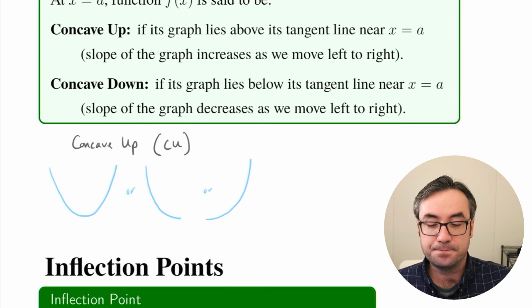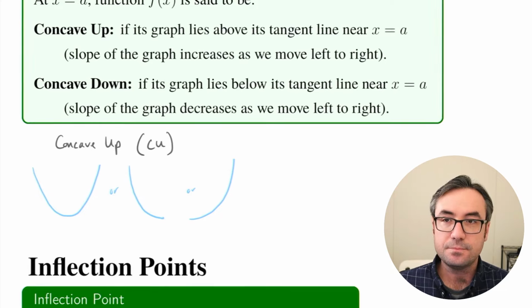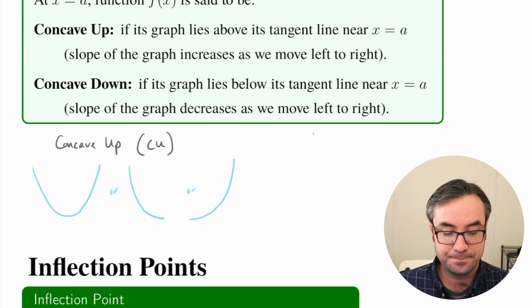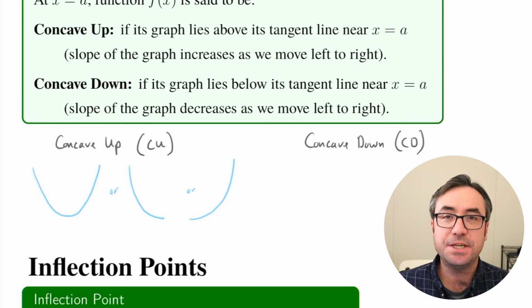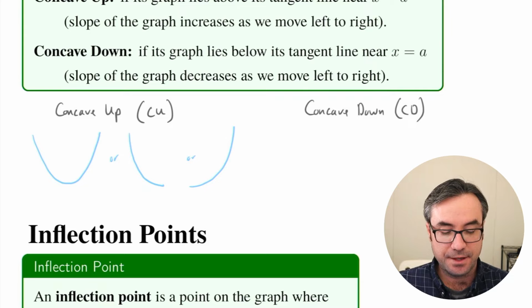Concave down is going to be kind of the opposite. And I'll abbreviate these, CD or CCD. And the way these curves look is, you can think of it as it's just upside down.